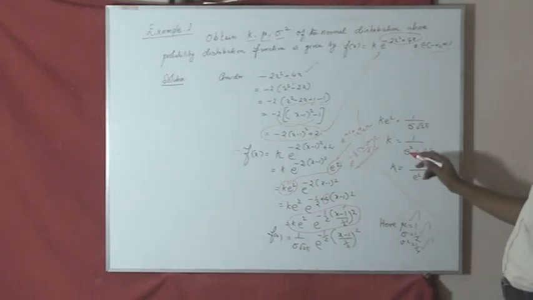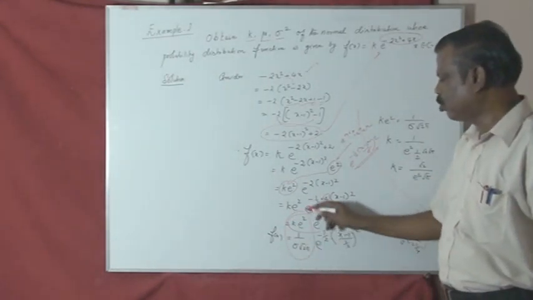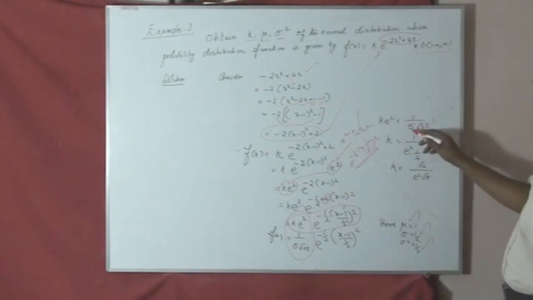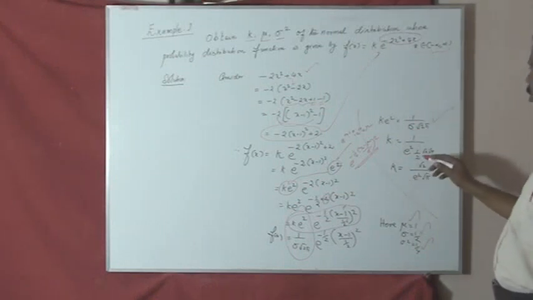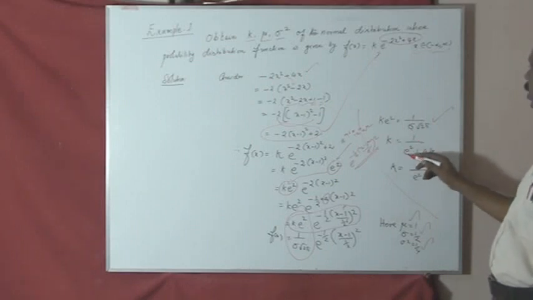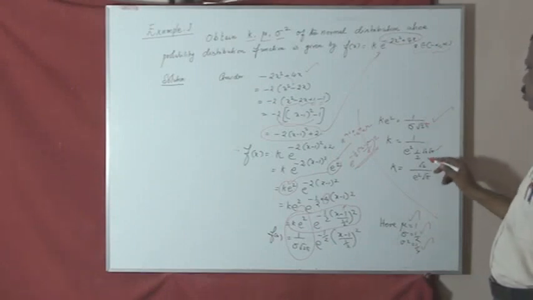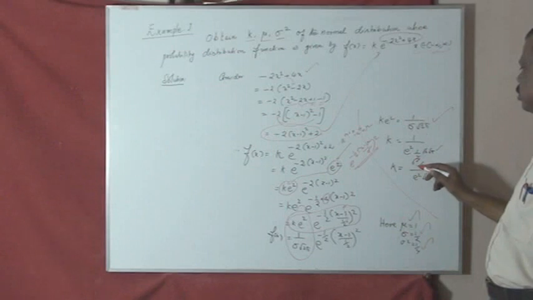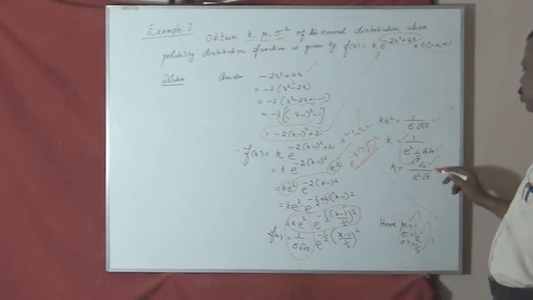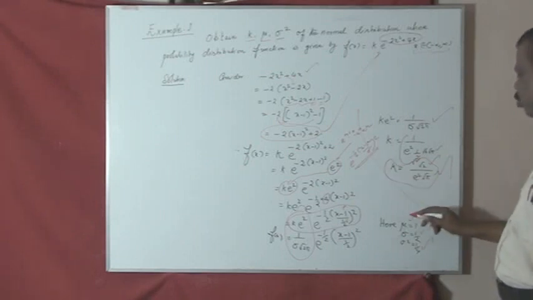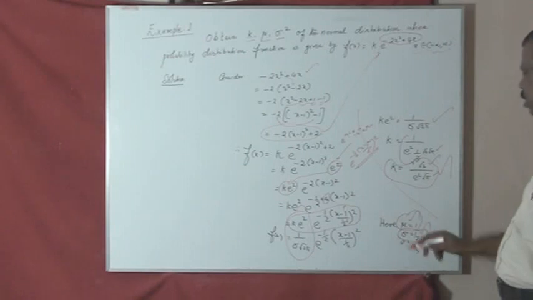Now since k e square is equal to 1 by sigma root 2 pi, substituting sigma value here, we can have k is equal to 1 by e square, sigma is 1 by 2, root 2 pi can be written as root 2 into root pi. So here one root will get cancelled. So this root will go to the numerator. So root 2 by e square into root pi. So this is the k value. So we know the k value, mu value as well as sigma value.